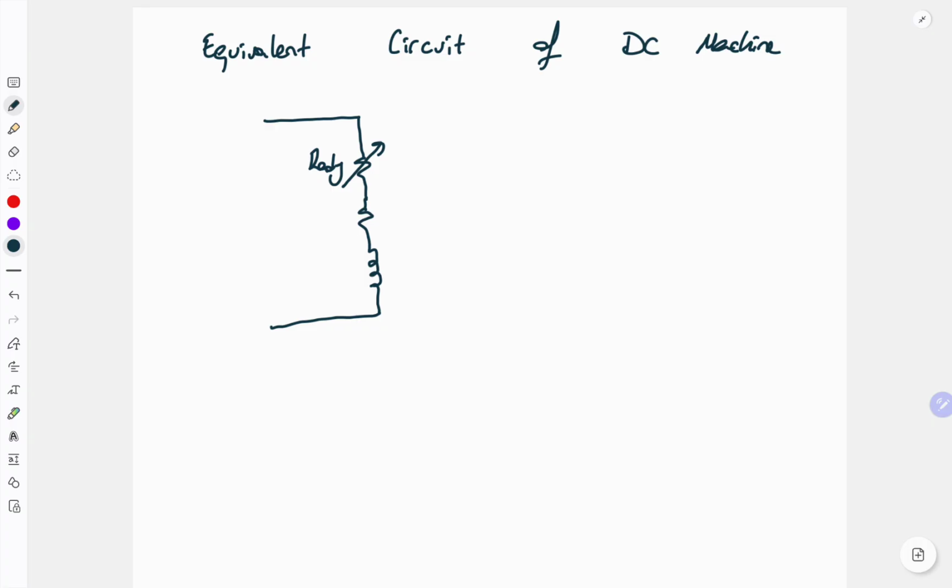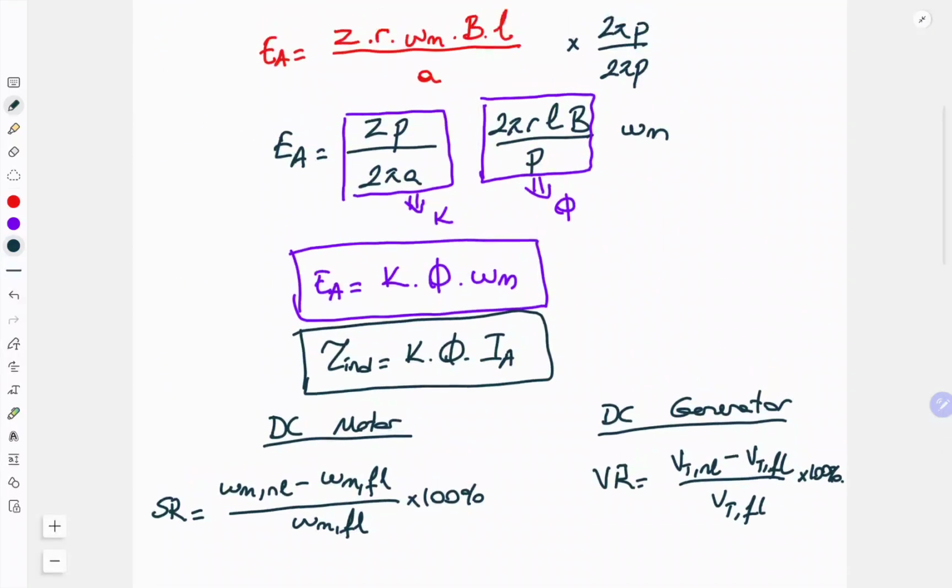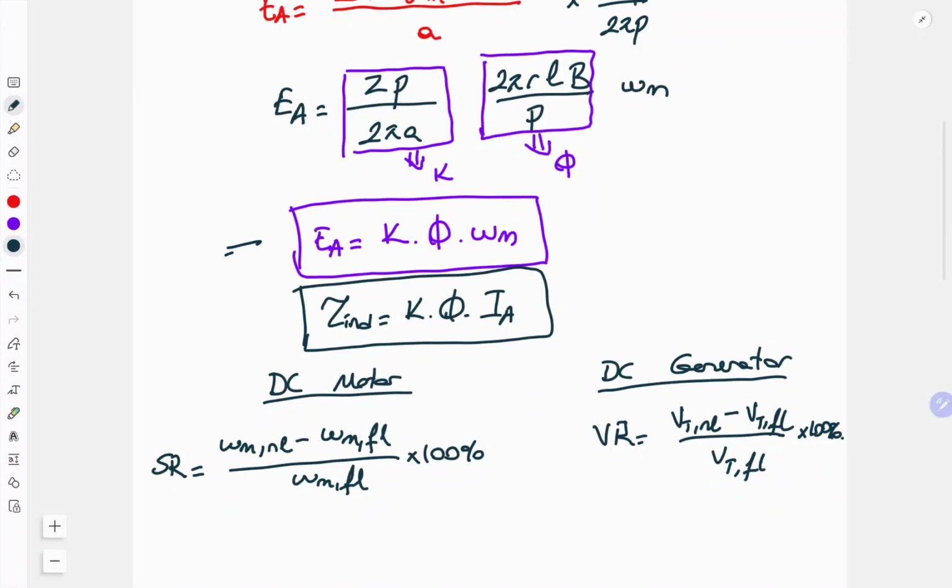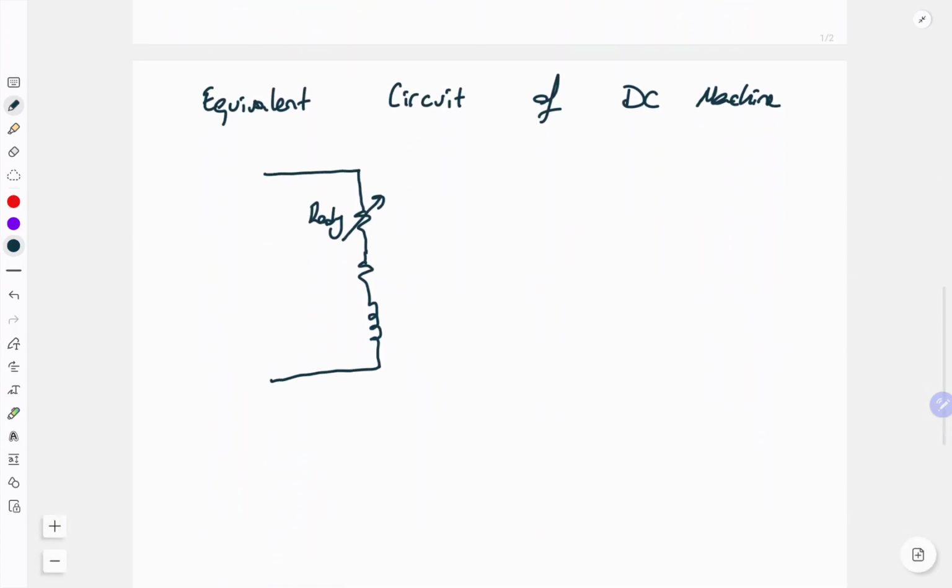So by changing the resistance, we can control the current which is flowing through that part, and we can control the flux amount. It will be important for this expression, because if we can control the flux, that means we can control the EA, induced internal voltage.